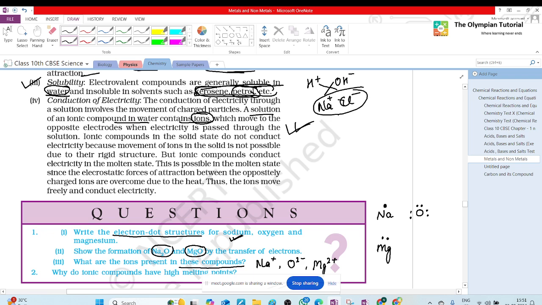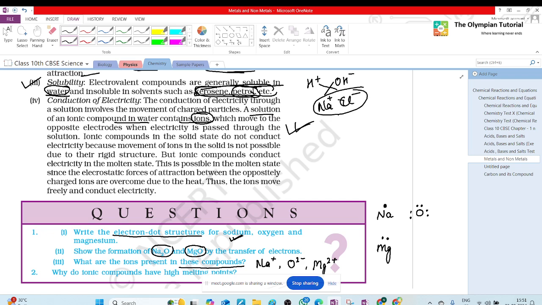Conduction of electricity. The conduction of electricity through a solution involves the movement of charged particles. A solution of an ionic compound in water contains ions, which move to the opposite electrodes when electricity is passed through the solution. Ionic compounds in the solid state do not conduct electricity because movement of ions in the solid is not possible due to their rigid structure.